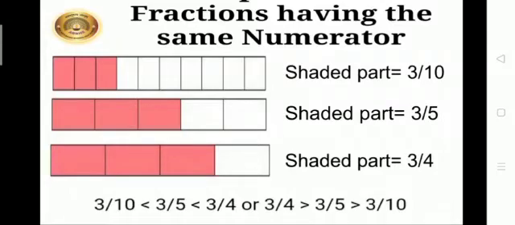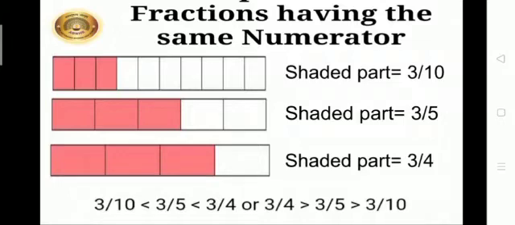So, as the strips are of the same sizes, but area is the smallest for the first strip, we can conclude that when fractions are having same numerator, then denominator decides the smallest and the biggest fraction. In mathematical form, it can be written as, when we use the less than sign, 3 by 10 is less than 3 by 5 is less than 3 by 4.